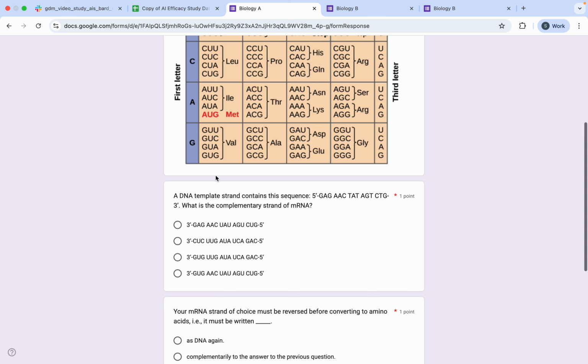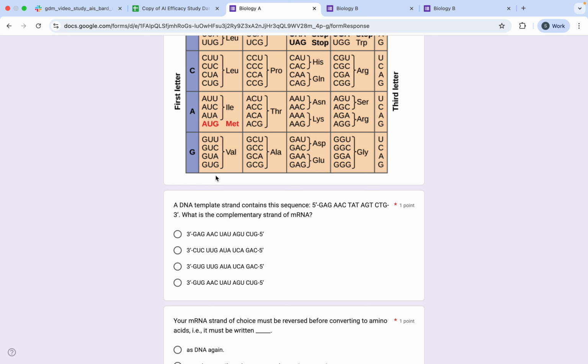So here a DNA template strand contains this sequence 5'-GAG AAC TAT AGT CTG-3'. What is the complementary strand of mRNA? Okay. So let's check the options. Here everything is between 3' and 5'.